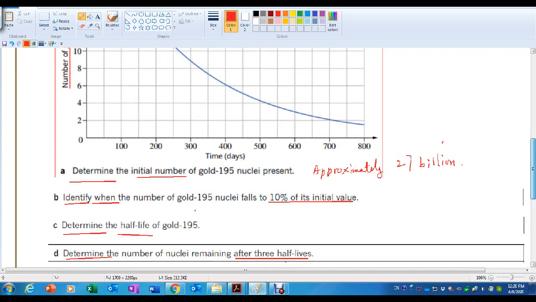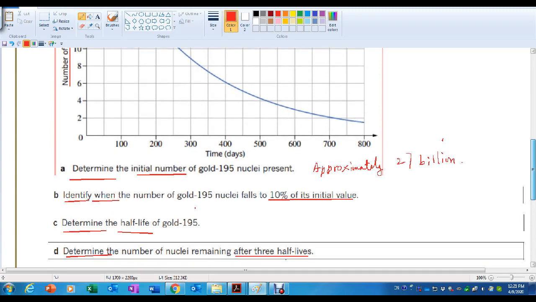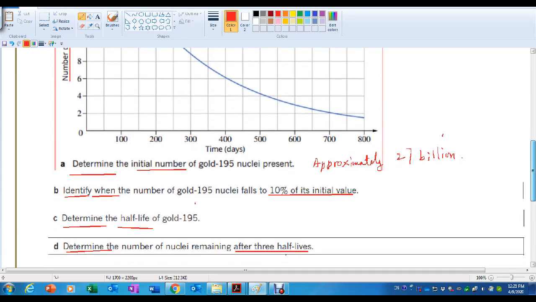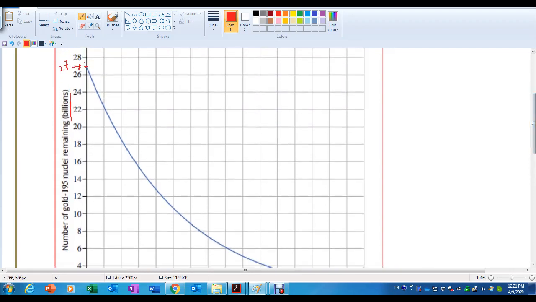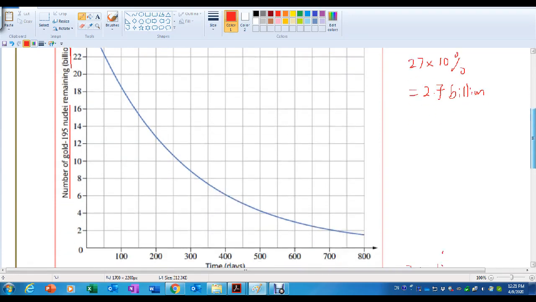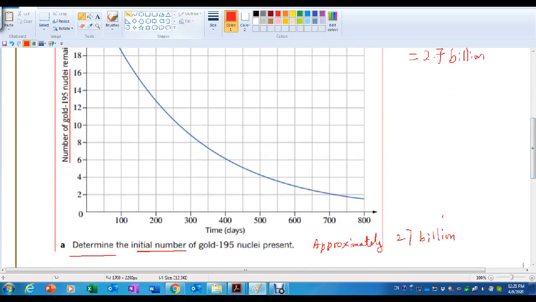Now identify when the number of nuclei falls to 10% of its initial value. The initial value is 27, so 10% of 27 becomes 2.7 billion. Where's 2.7? It's about here, a little bit less than 3.